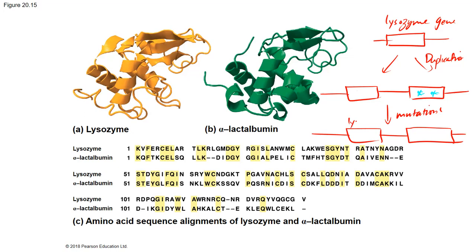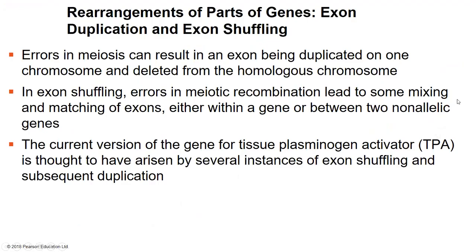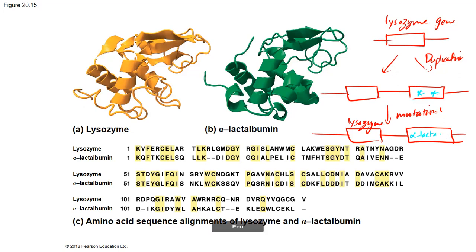So this remained the lysozyme gene, and this became the alpha-lactalbumin gene. Okay. So this gene encodes a protein that has a completely different function than the protein encoded by the lysozyme.